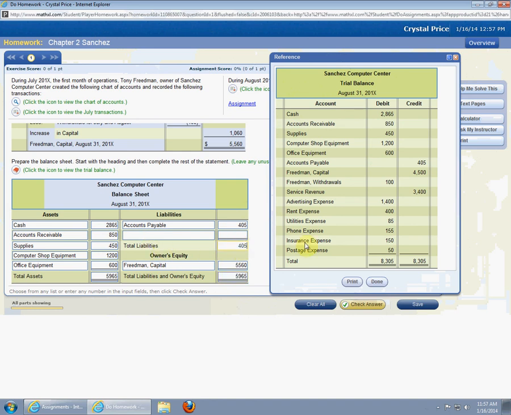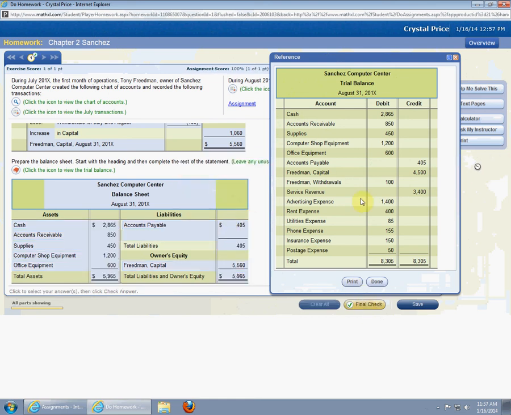I forgot to do that. There we go. You've got total liabilities, 405. So just say okay, and then right here where it says total liabilities, we need to put 405 there. Yeah, they have a total liability section. A lot of times when there's just one amount, they won't have it. But they did here.